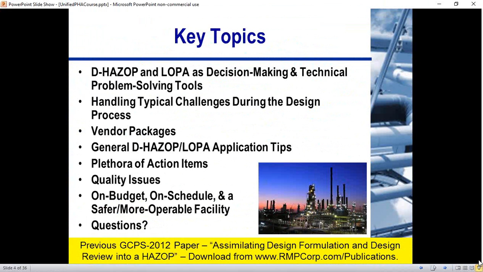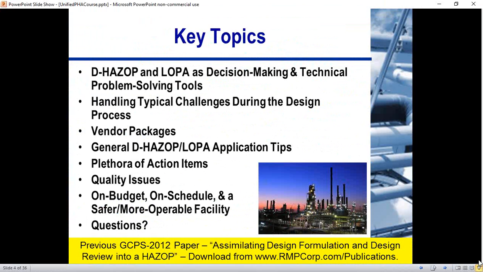To do that, I want to give a little bit of background on what's going on during the design phase. How do you handle typical challenges? Vendor packages. The design world has changed a lot in the past couple of decades. People are segmenting their designs significantly and are reliant on vendors to build various portions of their units. That brings on a whole new set of problems that we'll talk about.